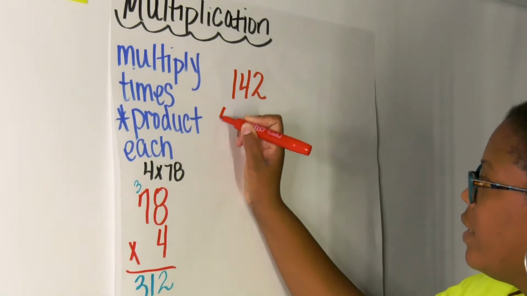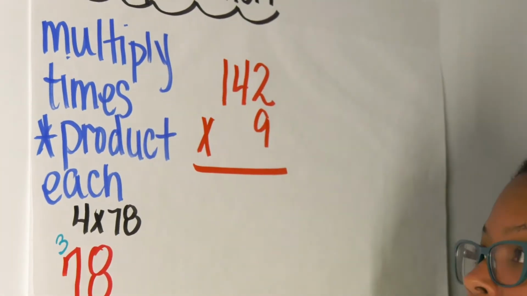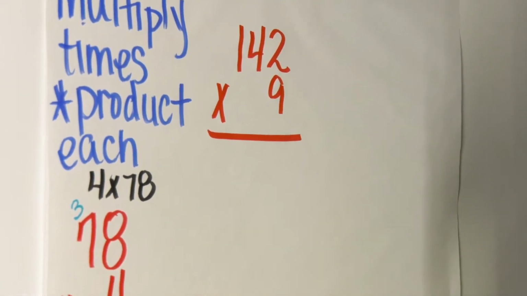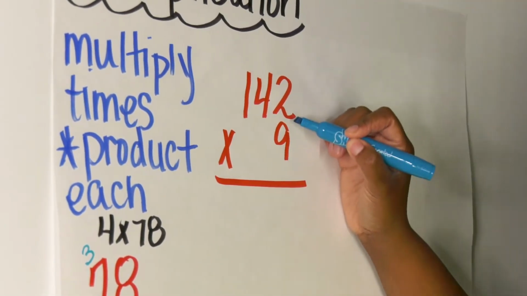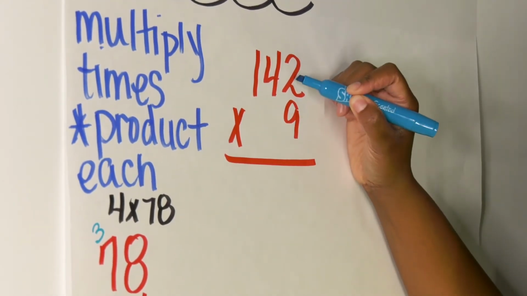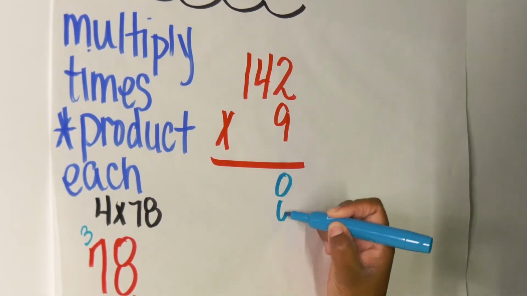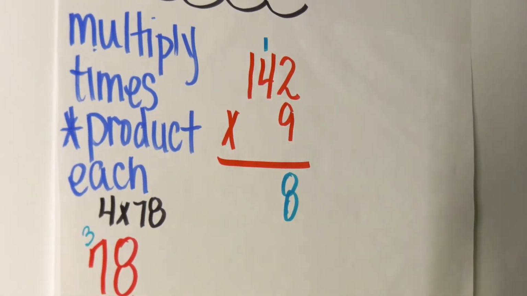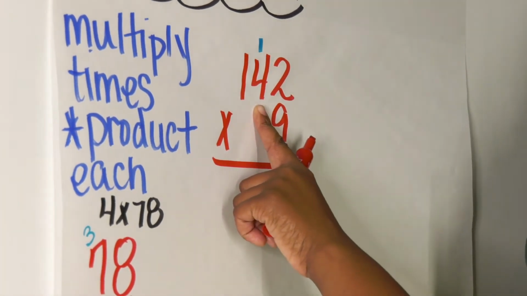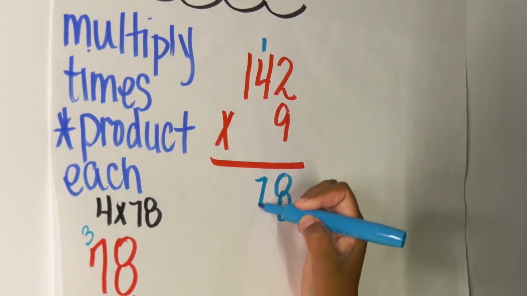142 times 9. All right, so now this is a 3 digit times 1 digit. So start here, everything at the top gets multiplied by this 9. Start in your ones place. 9 times 2 is 18. So we'll bring our 8 down and carry our 1. 9 times 4 is 36. 36 plus 1 is 37.